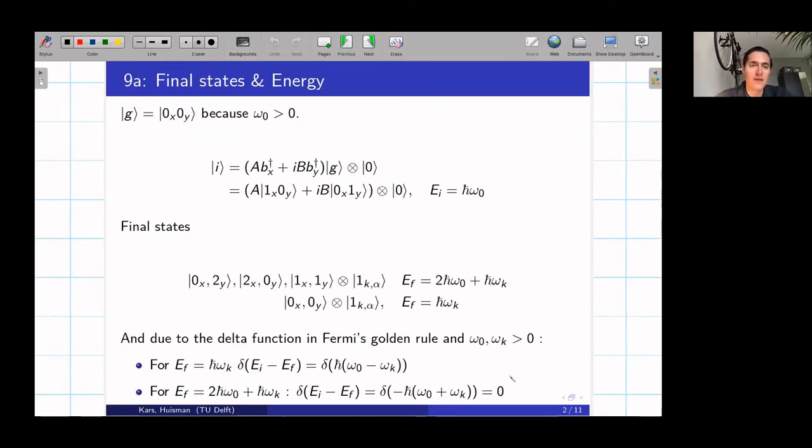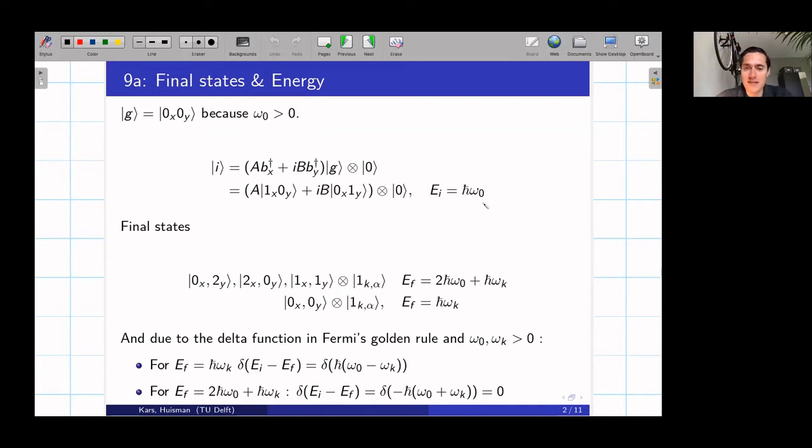Okay, so in the first part, in question A, we're asked to calculate the final states and give their energy. So we prepare the system in this initial state here, the first excited state, which you just excite one mode from the ground state. And the ground state is given by this thing here. Because it's positive frequency, the ground state is just a vacuum state, because that has the lowest energy.